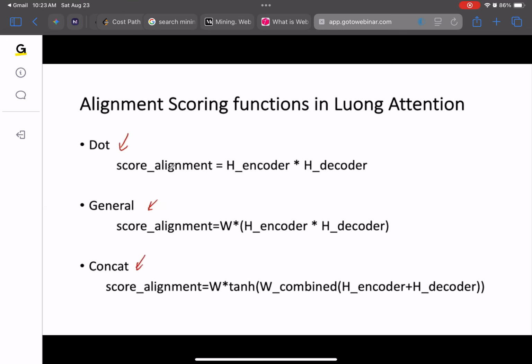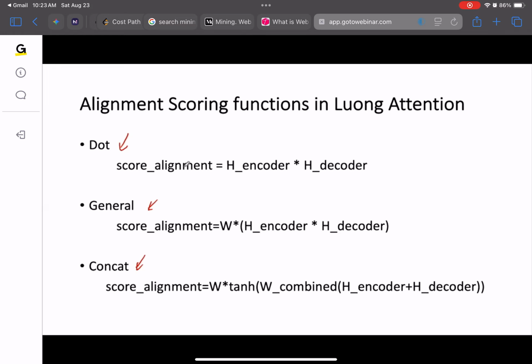Typically, what this alignment function does is calculate the similarity between the encoder and the decoder. That's our goal, to find out, so we assign a score to each of the encoder vectors. The score represents how relevant the encoder vector is to the decoder vector.